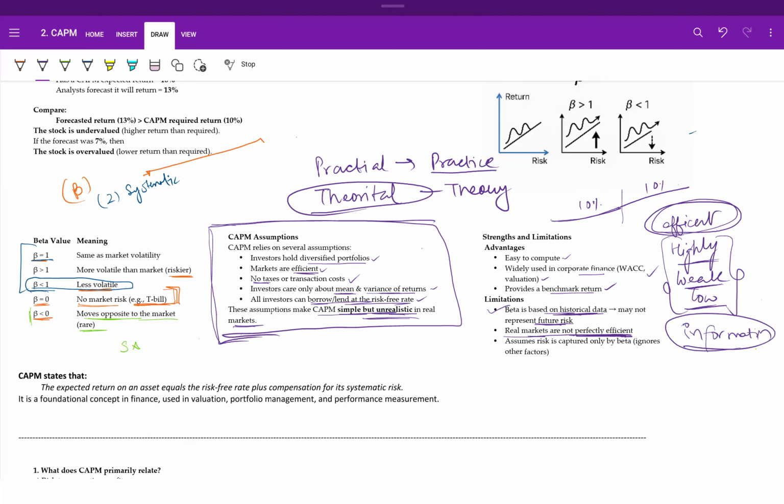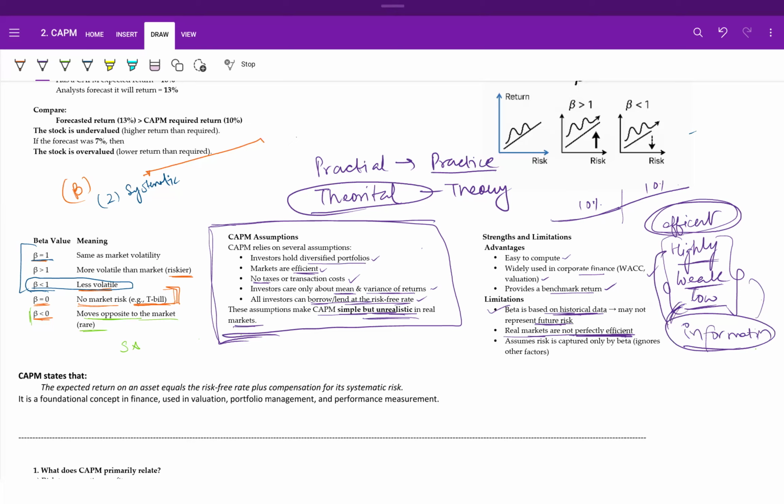If all the information is incorporated, it's a highly efficient market. If some of the information is incorporated, it's weakly efficient. And if very little information is incorporated, what people are saying and other factors are looked into. So this represents the efficiency.